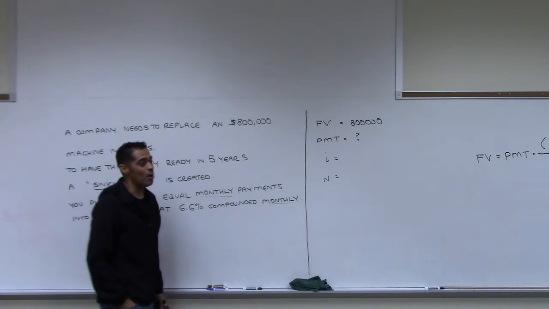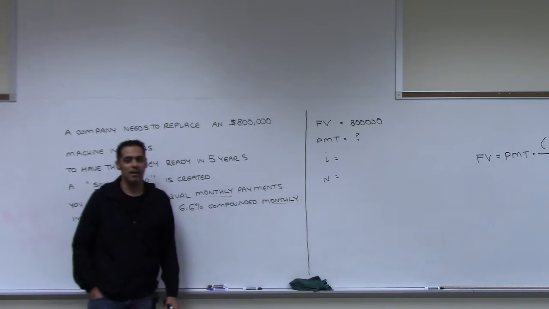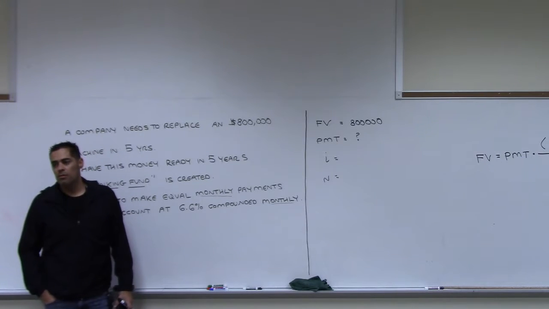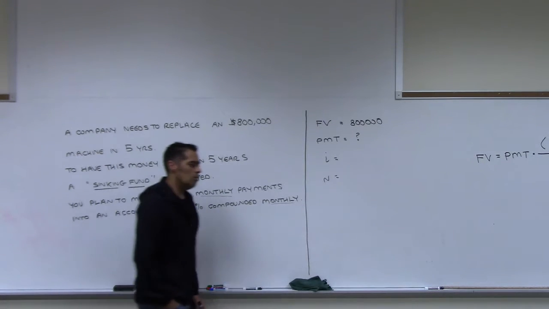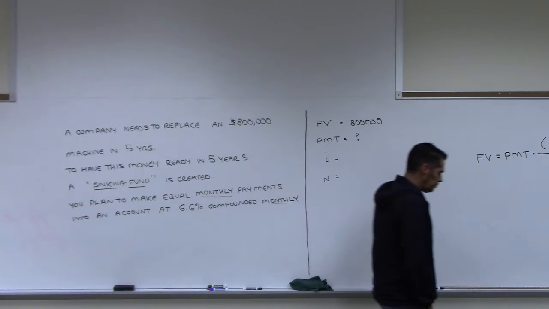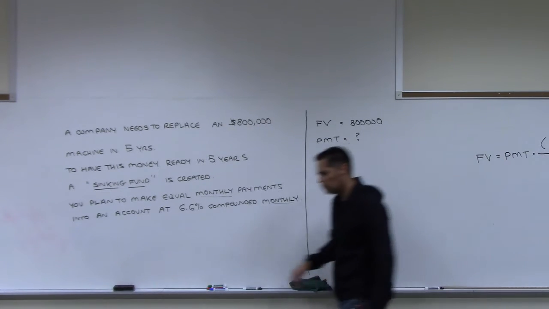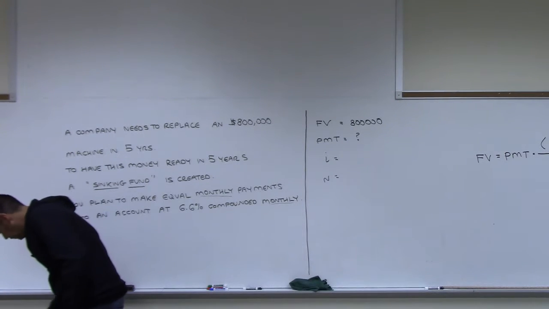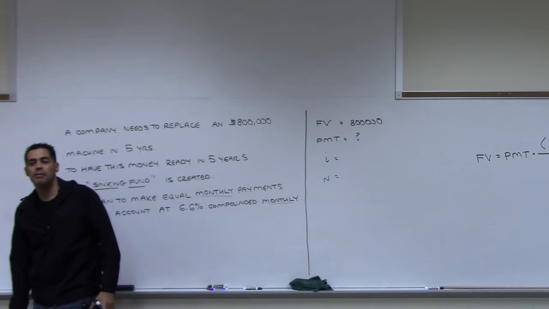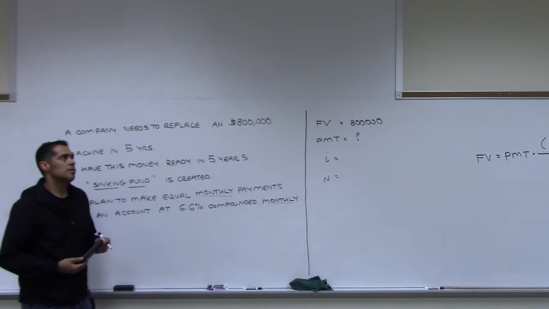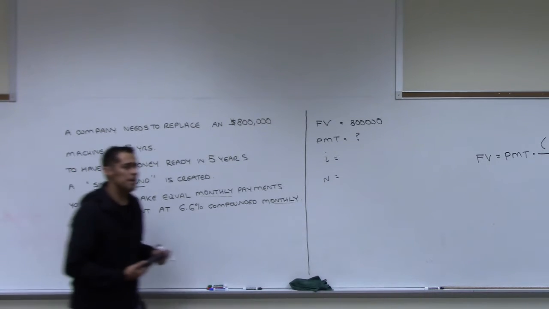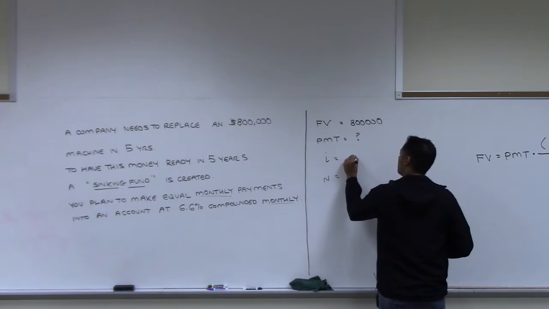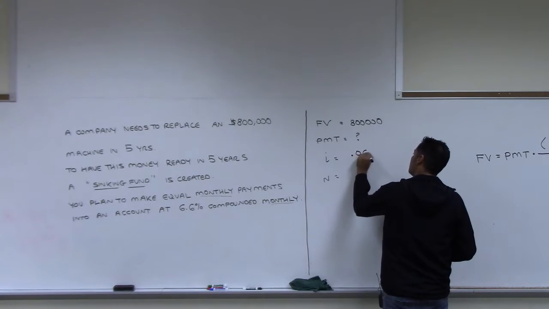This is the part that can get tricky. All right. So, what was the interest rate? Okay, 6.6%. And converted to a decimal, that would be 0.066.